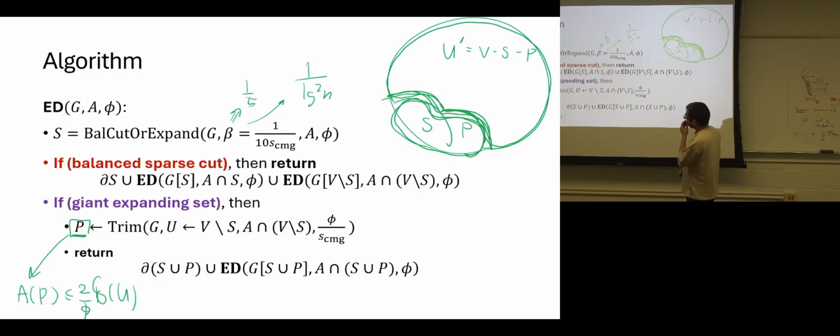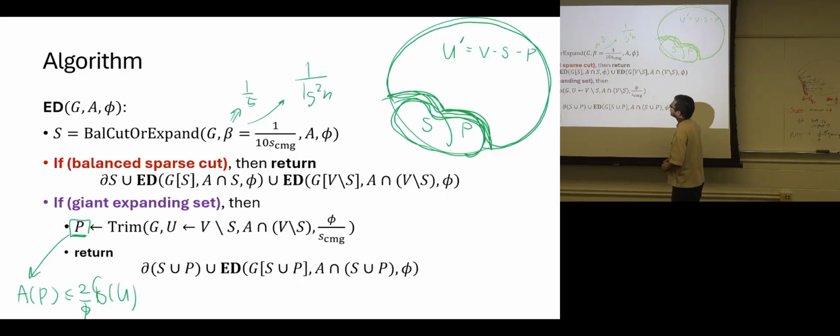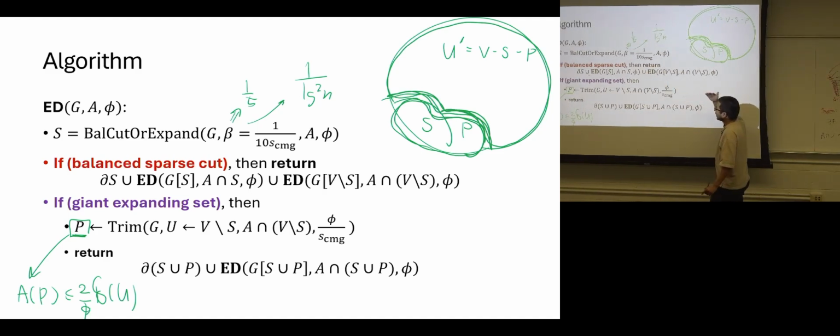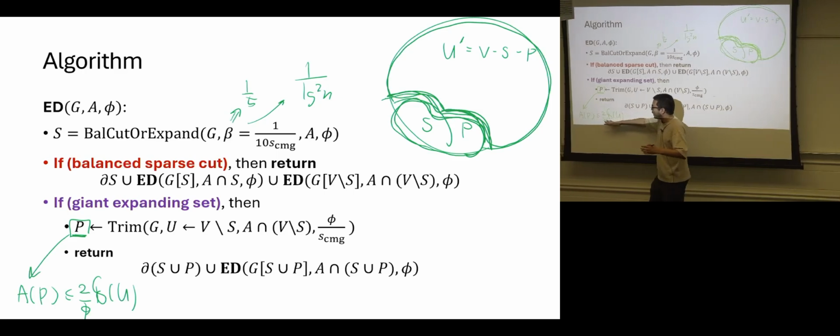So we need beta here to be not too big, because otherwise we might prune everything.